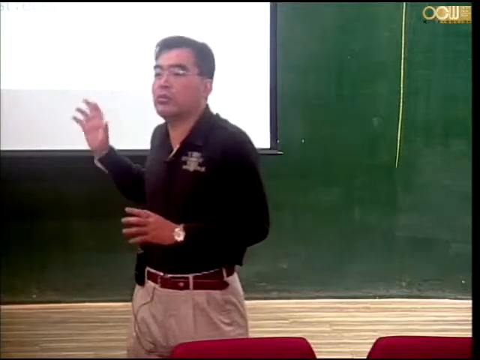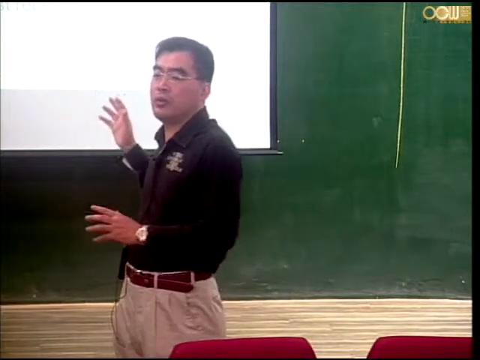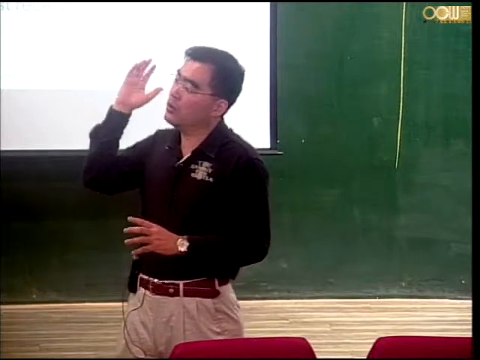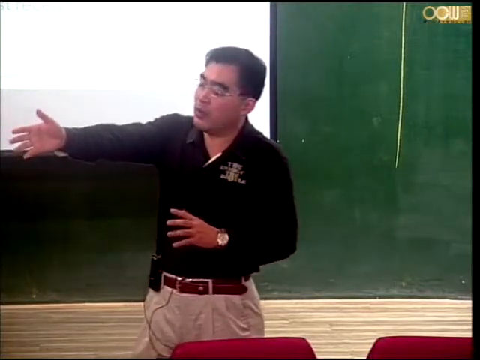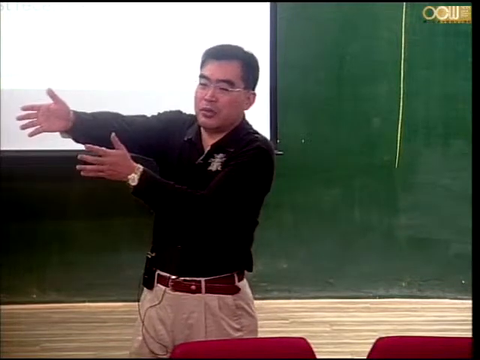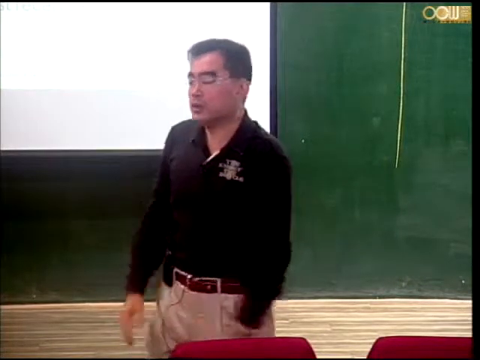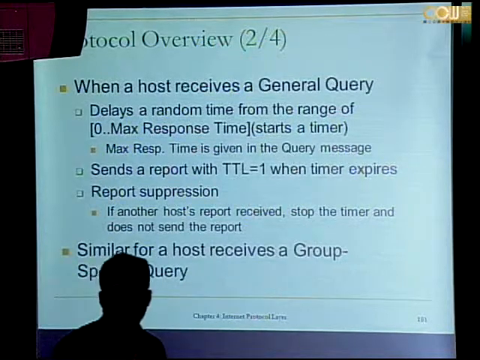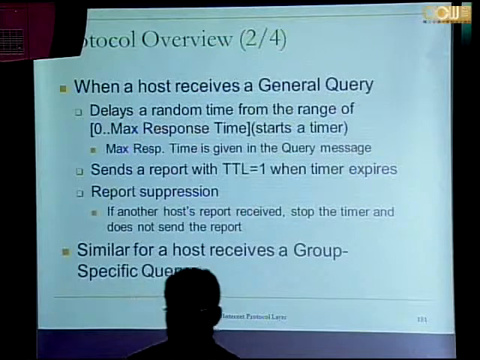I don't need to know who they are and how many. I only need to know, do I have a member on this link? If I do, then duplicate a packet in that direction. So that's why we only need to know whether. We don't need to know who and how many. Okay, is that clear? I only need to know whether.